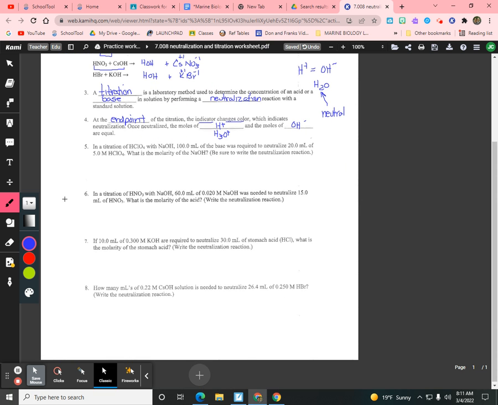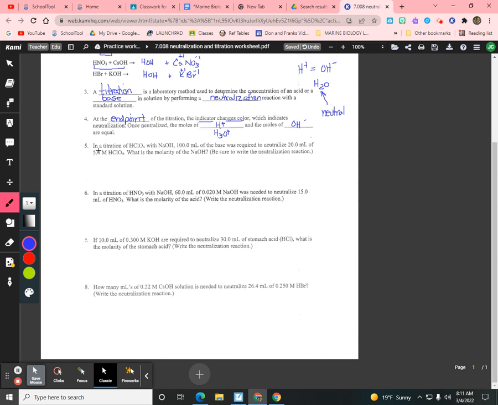Okay, now let's do some titration questions. Remember, whenever you see the word titration, dilution, or neutralization, it's always this MAVA equals MBVB formula. So the first thing I do is I write that down. We're taking HClO4 and NaOH.